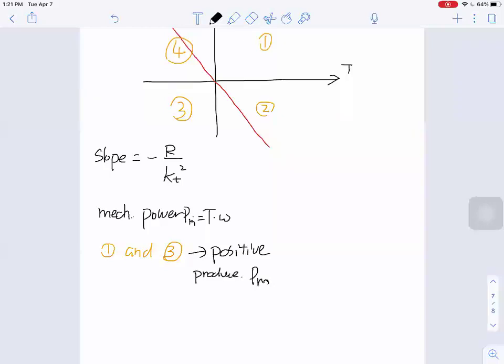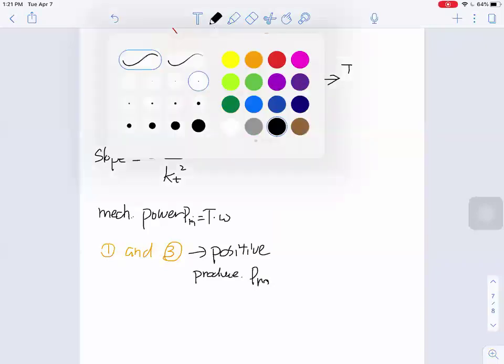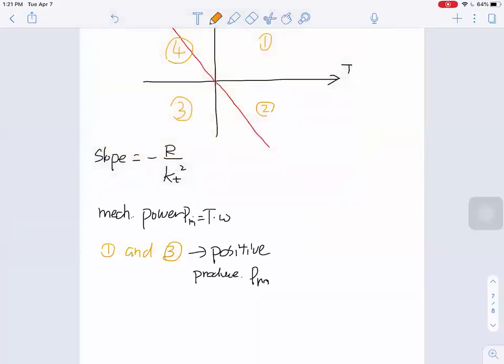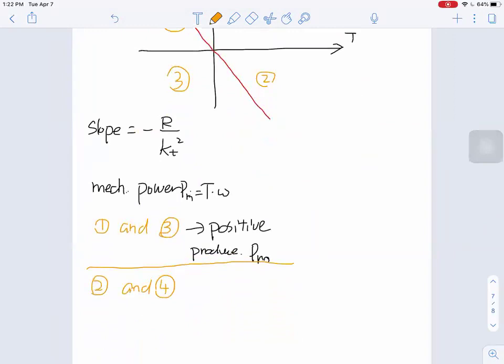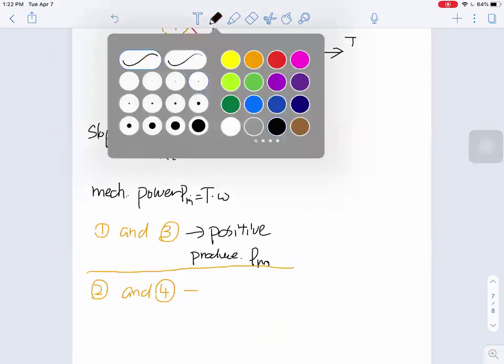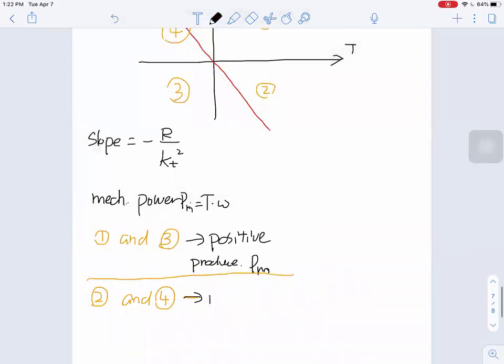And now let's look at region 2 and 4. At 2 we have positive torque but negative omega. At 4 we have positive omega but negative torque, and therefore we have negative mechanical power. And this means the motor consumes mechanical power.